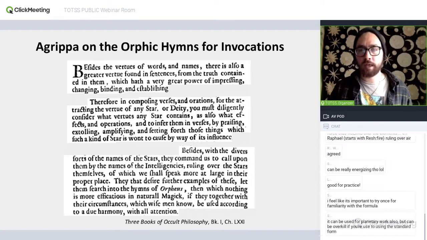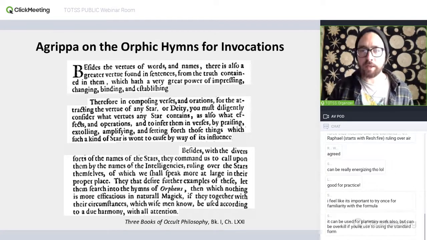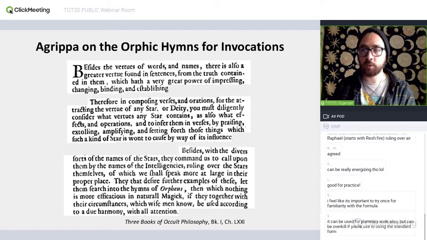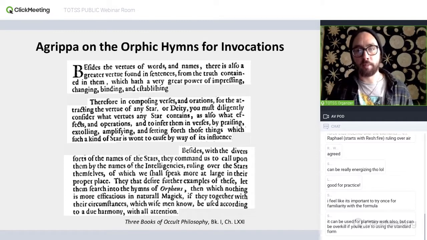is a collection of hymns from the Greek Orphic tradition. Now they're not directly hymning the planets here, but what we're going to do is draw from the Orphic hymns, for example, to work with the powers of Venus, because Venus is associated with the goddess Aphrodite. We'll use the Orphic hymn to Aphrodite as a way of invoking the powers of Venus.